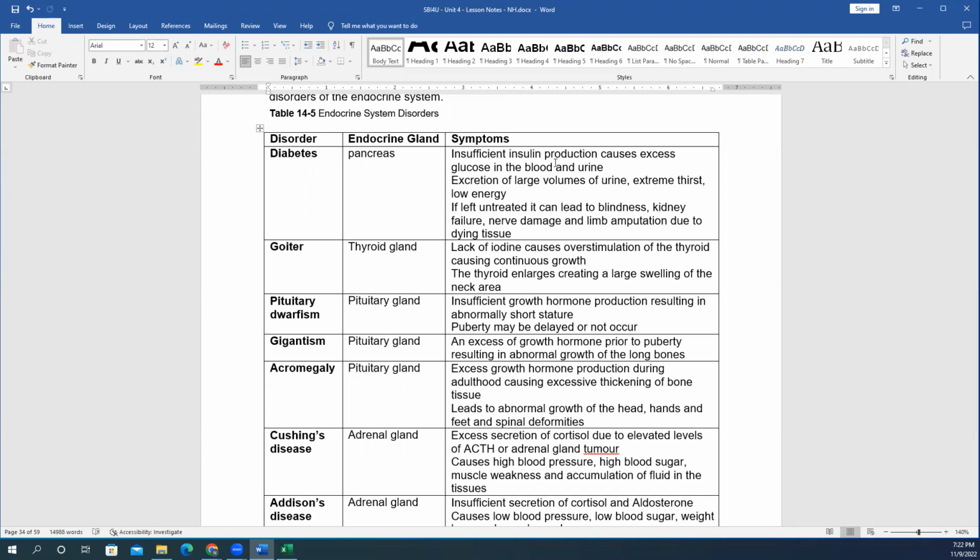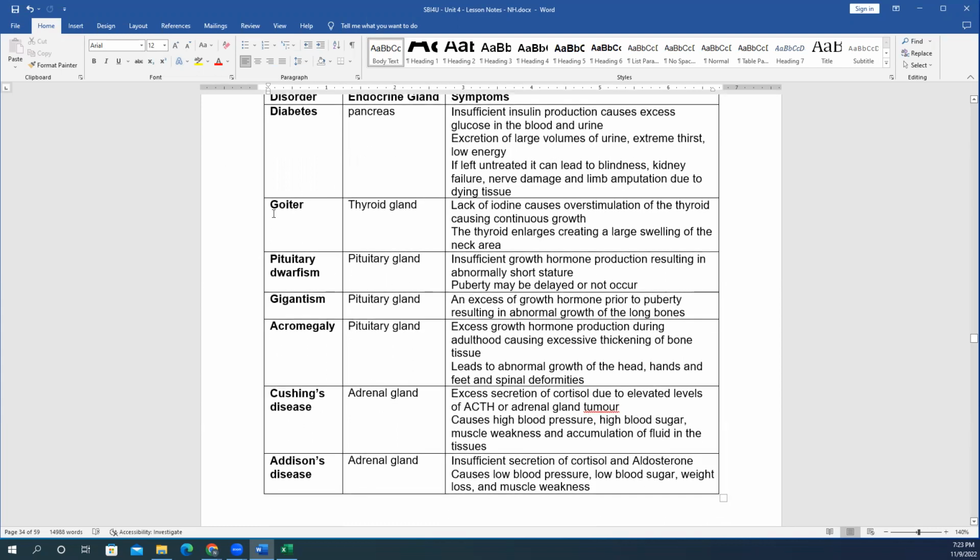It also leads to the excretion of large volumes of urine and extreme thirst and lower energy. And oftentimes, if diabetes is left untreated, it can lead to kidney damage, nerve damage, blindness, and amputation of limbs due to dying tissue.